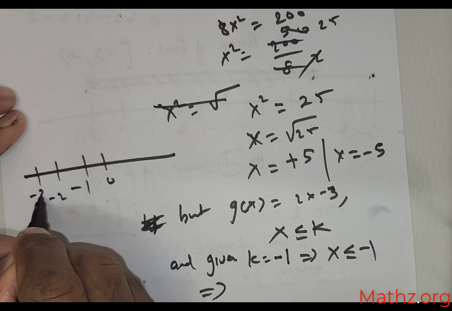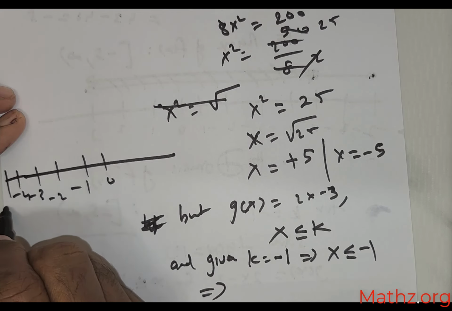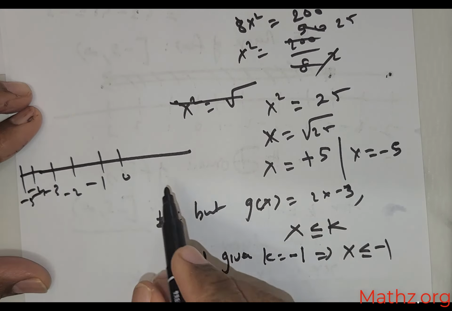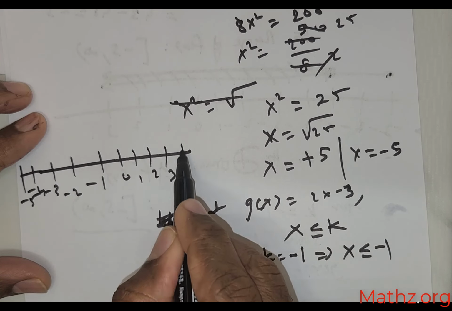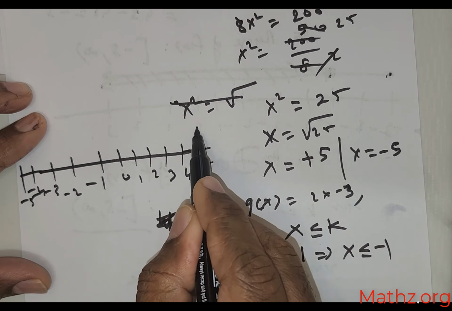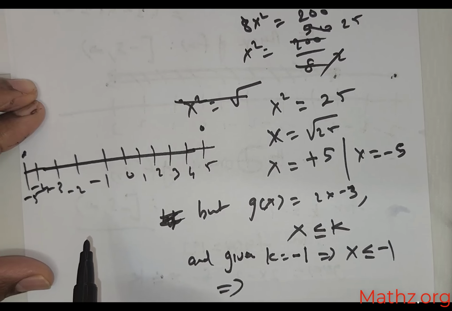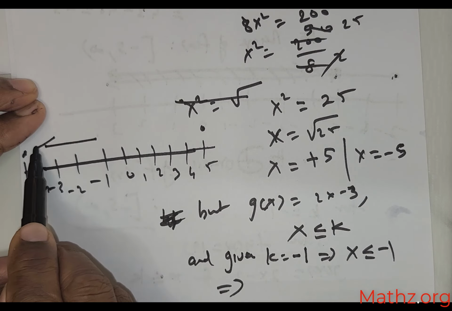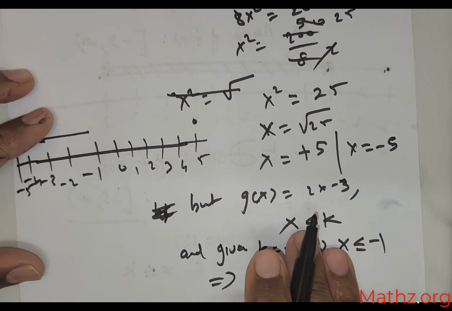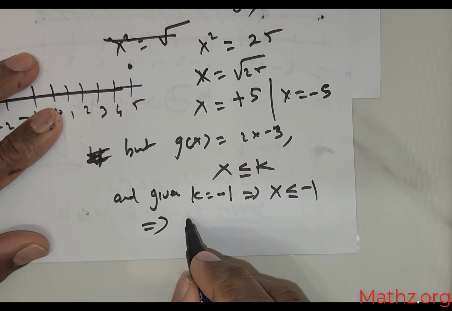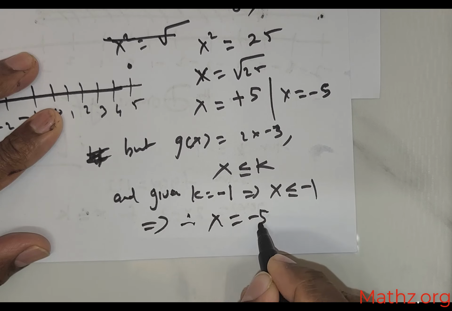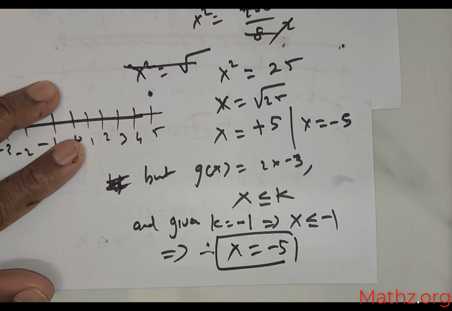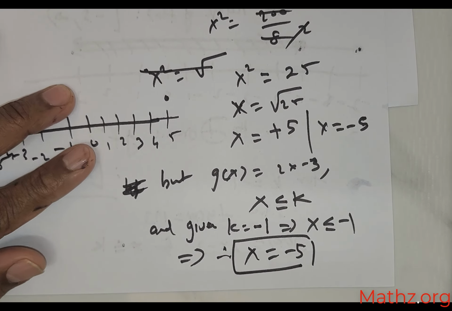Negative 2, negative 3, negative 4, negative 5. You have 1, 2, 3, 4 and 5. So 5 is over here, negative 5 is over here. We are looking for all x less than or equal to negative 1. So we are moving towards this side. So we drop positive 5 and we take x is equal to negative 5 as the solution, and you box it. That's the solution for this question. We move on to the next one.